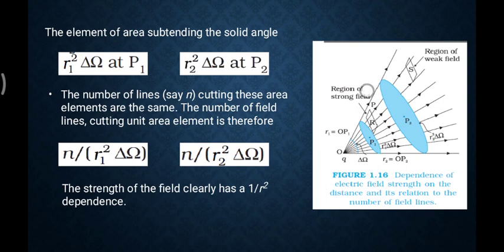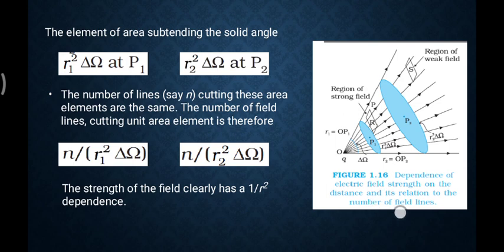We don't know here, we have a finite drawing, but in this specific case, n number of field lines can pass. So n divided by this area element, n divided by that area element, because the field lines are the same, so I can equate it. You can place the equal sign here, then n cancels out, d omega cancels out.